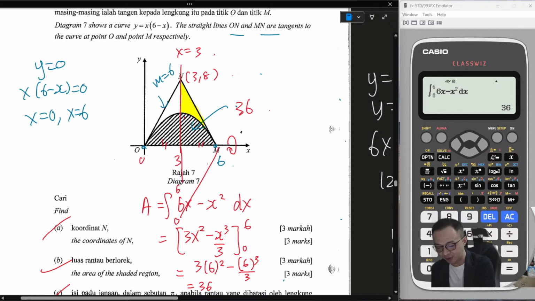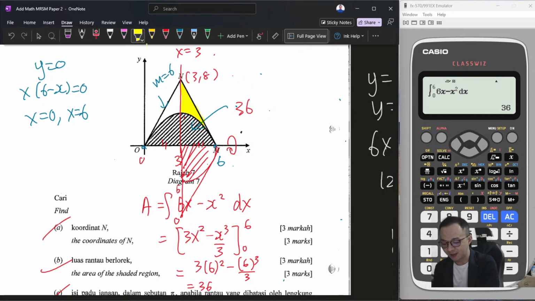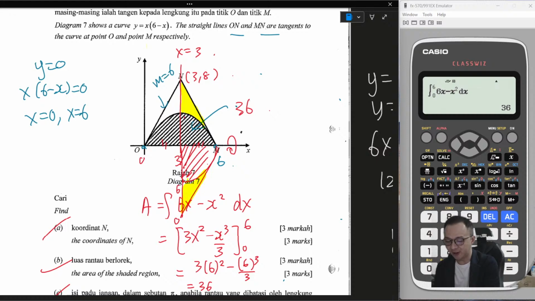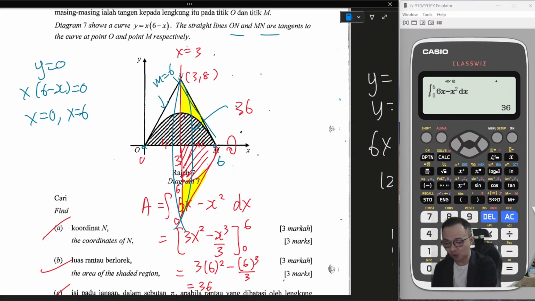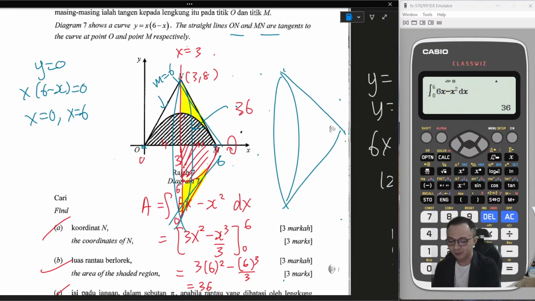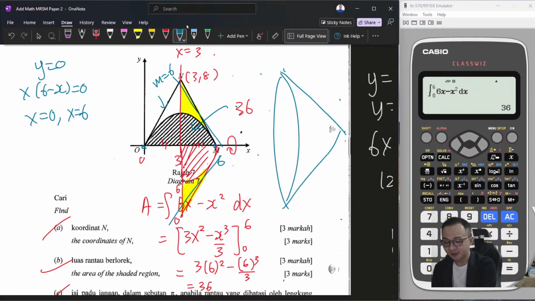A bit hard to draw, but just forgive me about my bad drawing. So you can see when they rotate, you will have something like this, and then they form a volume. So the idea is, if you look carefully, you should be able to see a cone here. Do you manage to see a cone here? So I will use the cone formula, and then minus the curve in the middle.